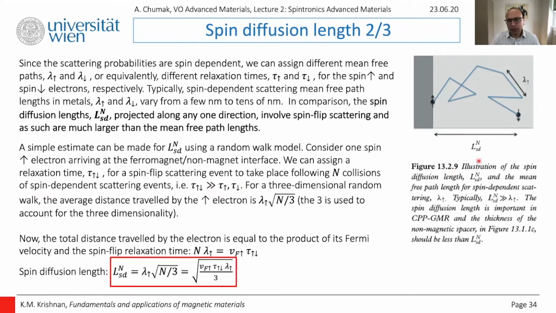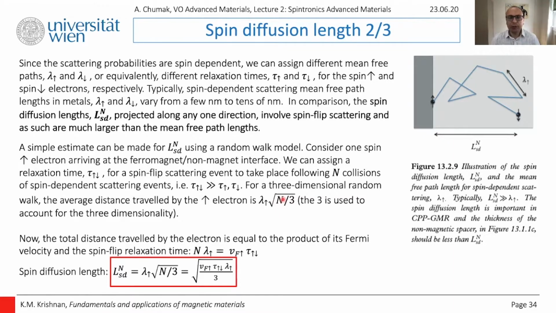Now the next question: how can we define the spin diffusion length? For this, we can use, first of all, a 3-dimensional random walk. So there is such an approach when you speak about random walk, and then the distance which your electron propagates after n scattering events can be found as lambda up, this average mean free path, multiplied by the square root of n, the square root of the number of scattering events.